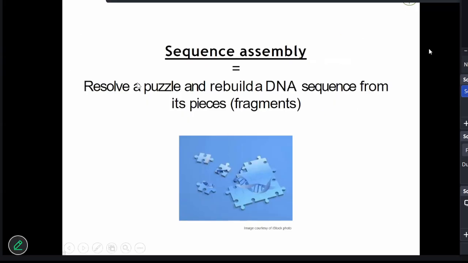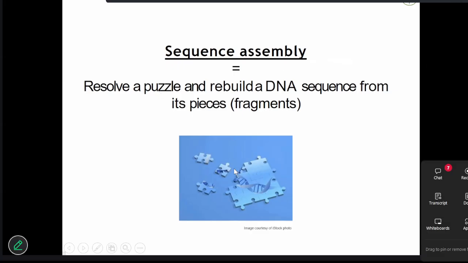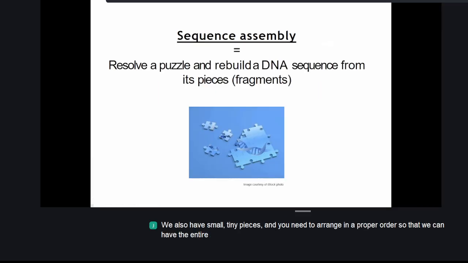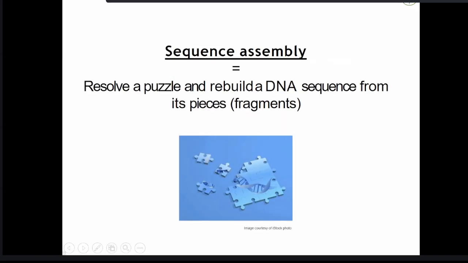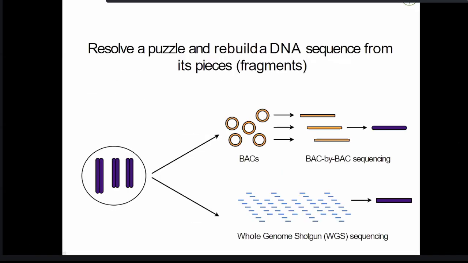In the same fashion, in a jigsaw puzzle we also have small tiny pieces, and you need to arrange them in a proper order so that we can have the entire image of that photo. So directly or indirectly, we're doing exactly the same thing using the reads: resolving a puzzle and rebuilding DNA sequences from the pieces. This is what we always do.